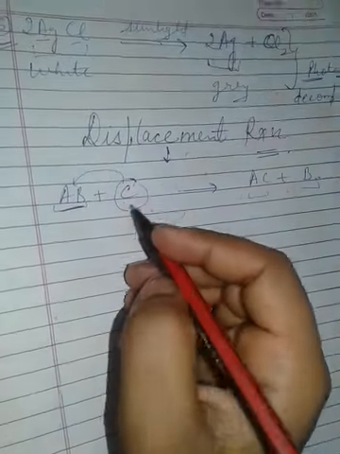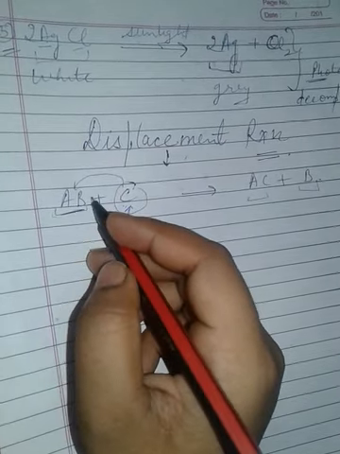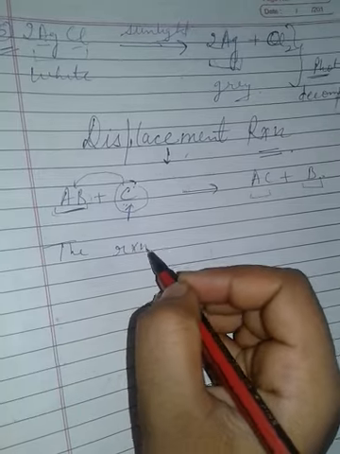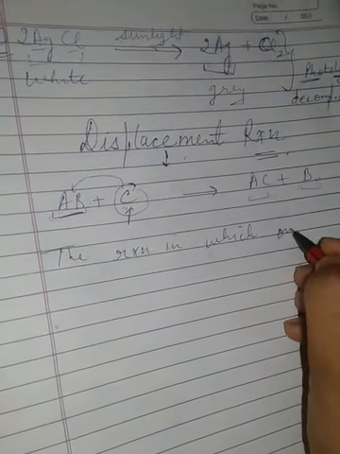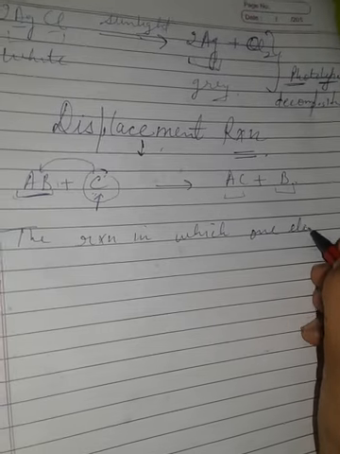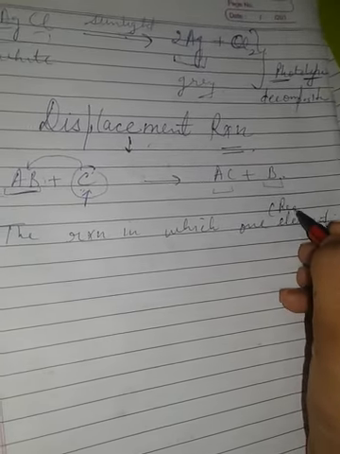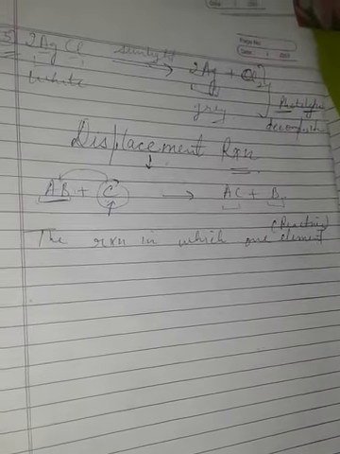Those reactions in which one element displaces another element from its salt. The condition is that the element must be reactive. If that element is less reactive, then it won't be able to displace the other element.